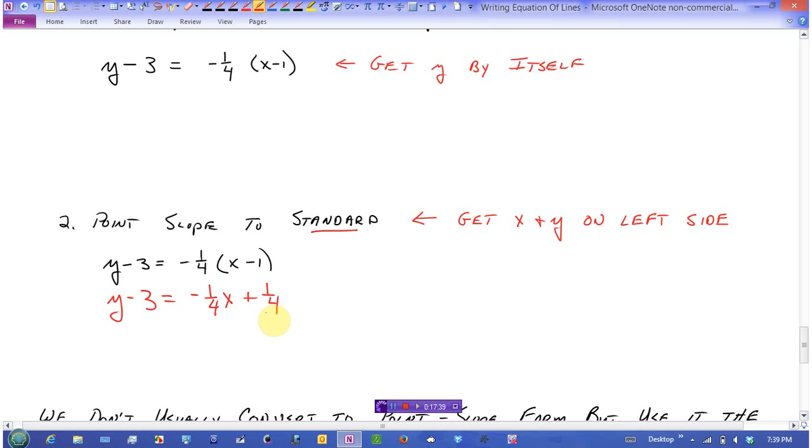So let's go ahead and do that. Let's move this negative 1/4 x over to the other side by adding 1/4 x to both sides, and I would end up with this equation.